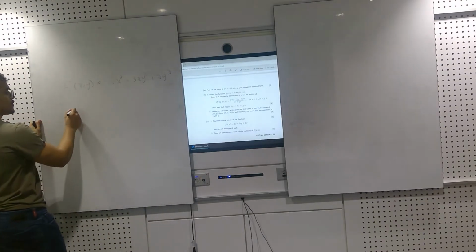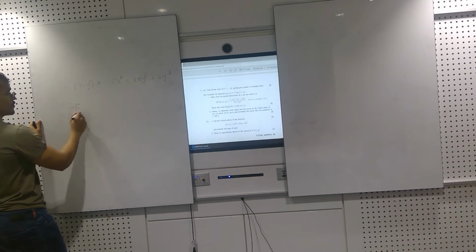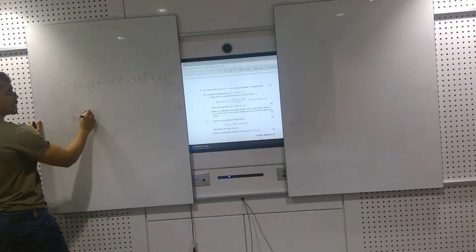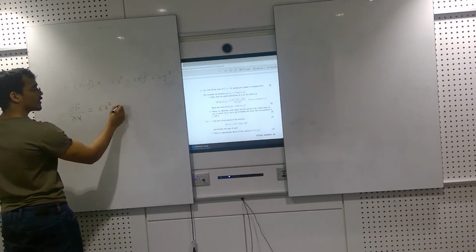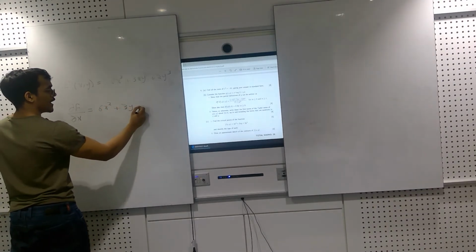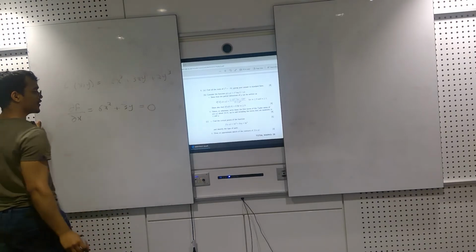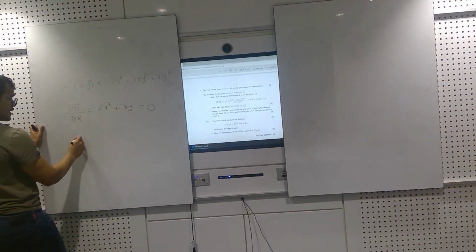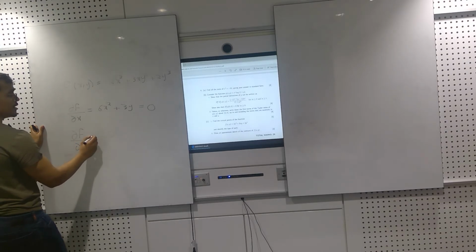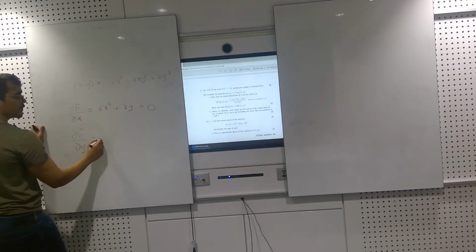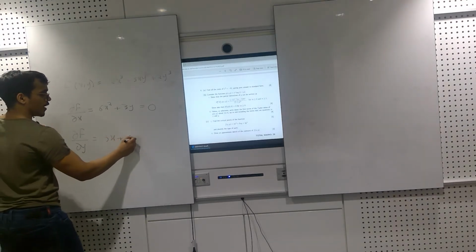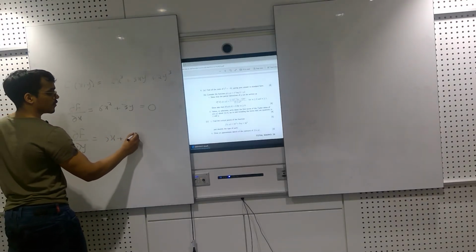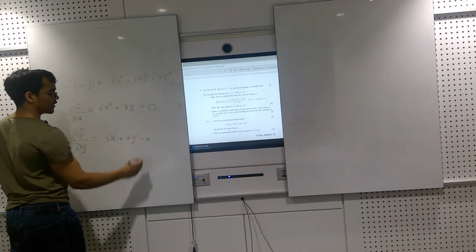First thing, we will differentiate f with respect to x, which will be equal to 6x squared plus 3y, and at a critical point we set it to 0. And taking the derivative with respect to y will be equal to 3x plus 6y squared, and this should also be equal to 0.